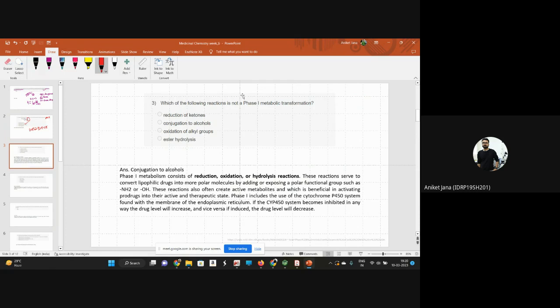Okay, so if we consider the reaction mentioned here, reduction of the ketone, what kind of group do we get via the reduction of a ketone? This is the general formula of a ketone, and via reduction what are we getting? What is the common structure? If we reduce a ketone, then what will we get?